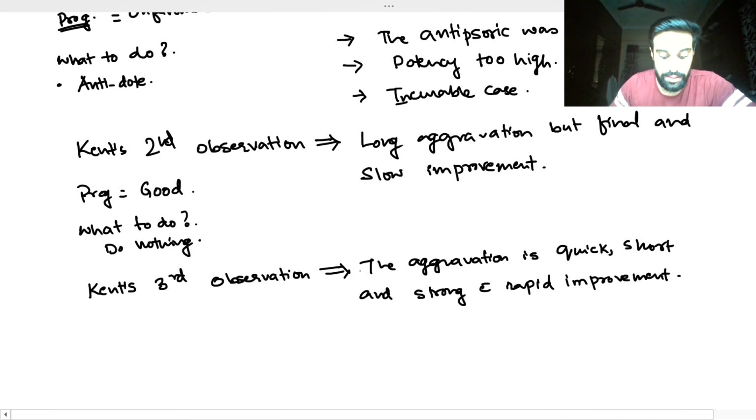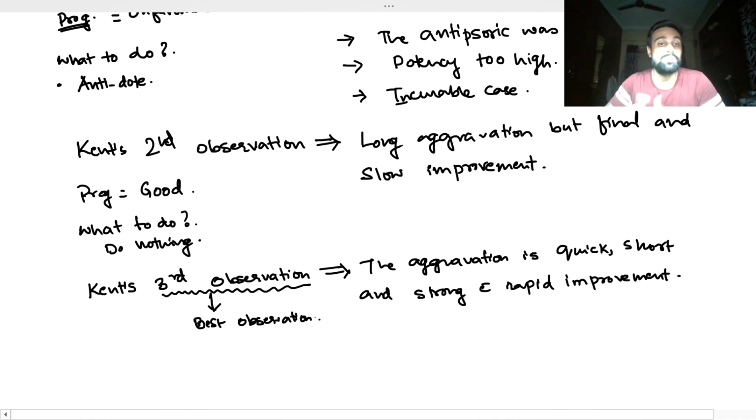Okay, and this is the best observation. This third observation, this observation is the best observation of Kent. So if you get a question, which is the best observation of Kent? So the answer is third observation.